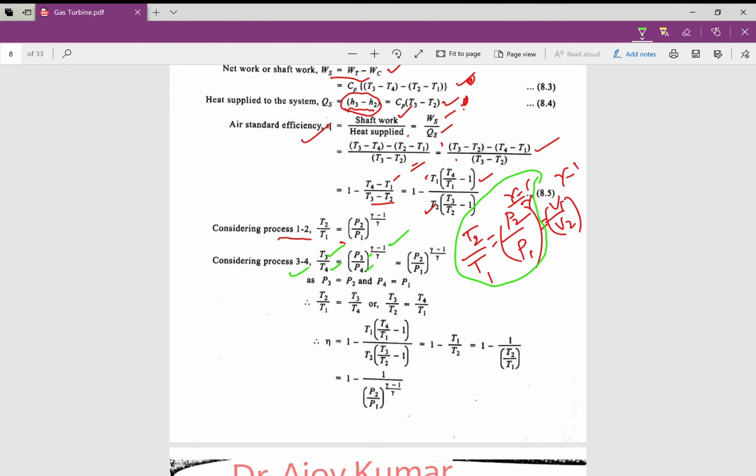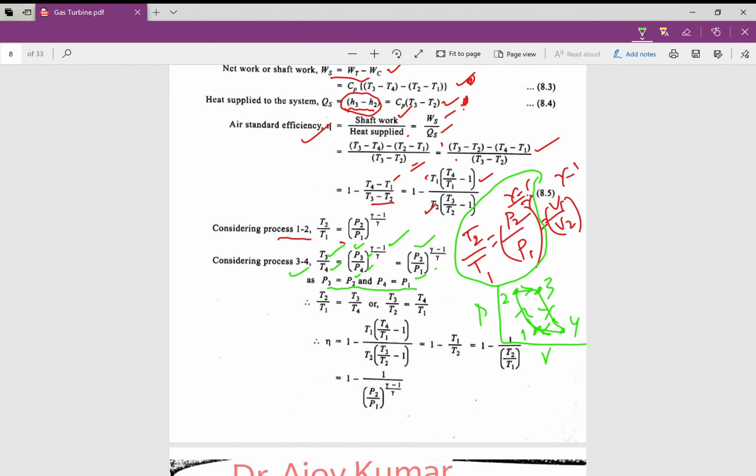We have seen the PV diagram for the cycle, points 1, 2, 3, 4, so P2 is equal to P3 and P1 is equal to P4. So we can write the pressure values like this.